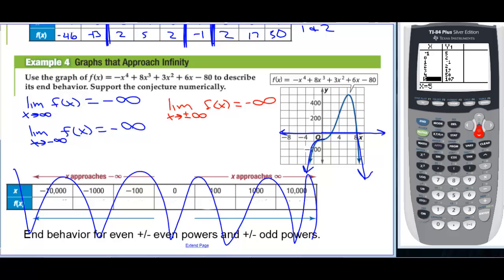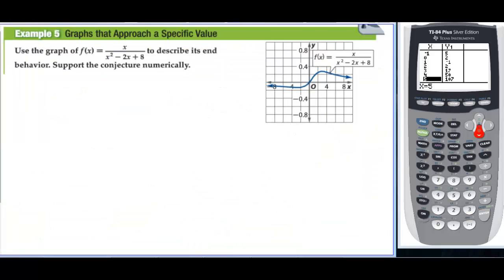So graphs can end either shooting up to positive infinity or down to -infinity. And graphs can also end by leveling off to a value. And that's what's happening here. The right-hand side's leveling off to 0. The left-hand side's leveling off to 0 on this graph.